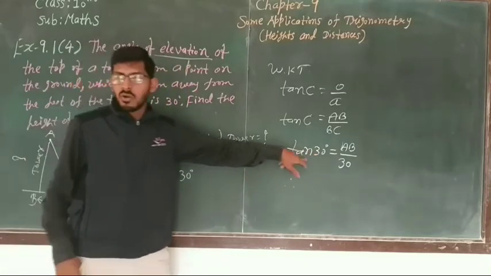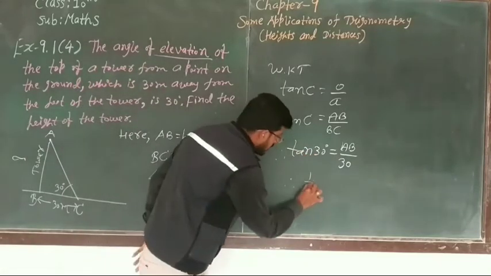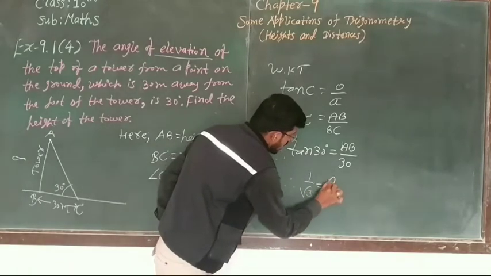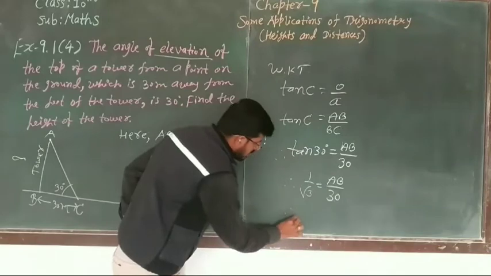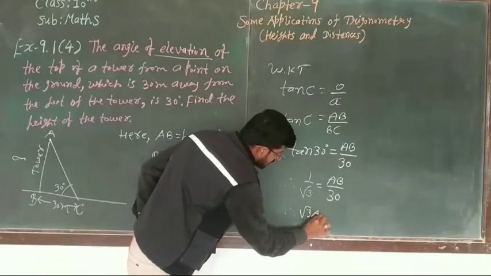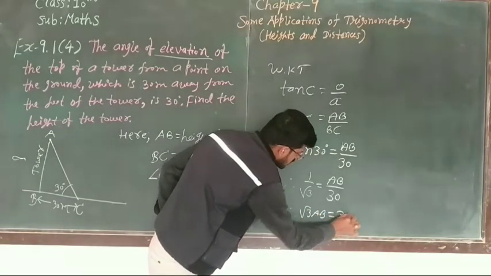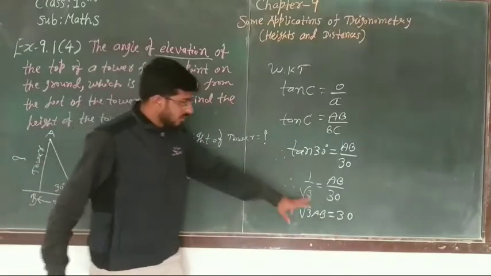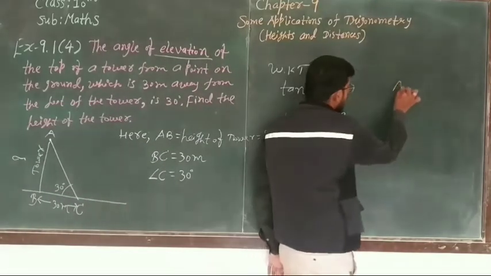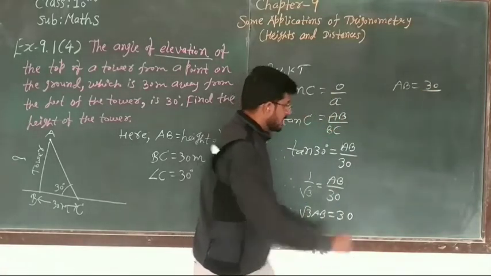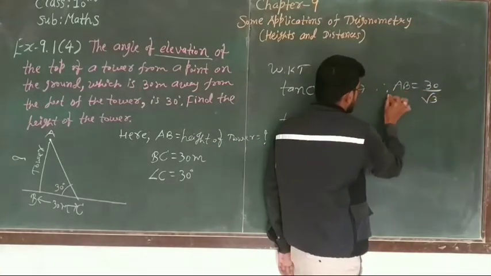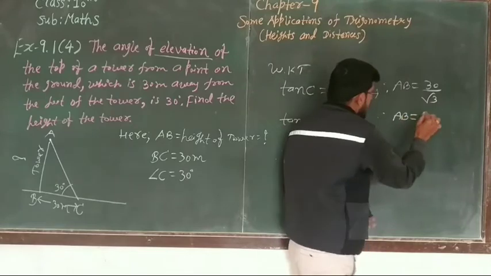Tan 30 is 1 upon root 3. Okay. So 1 upon root 3 is equal to AB upon 30. Now taking cross product, so we get root 3 AB is equal to 30. Yes or no? Now simplify. So we get AB is equal to 30 upon root 3. Yes or no?